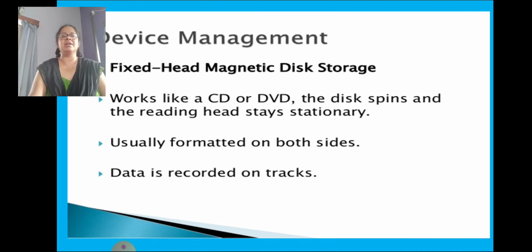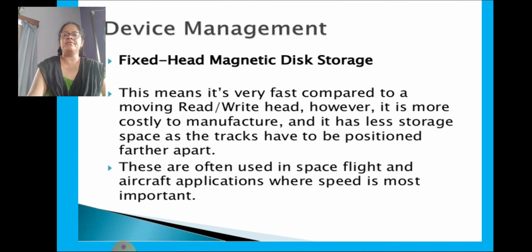Fixed head magnetic disk storage works like a CD or DVD. The disk spins and the read head stays stationary, usually formatted on both sides. Data is recorded on tracks. This means it is very fast compared to a moving read-write head.